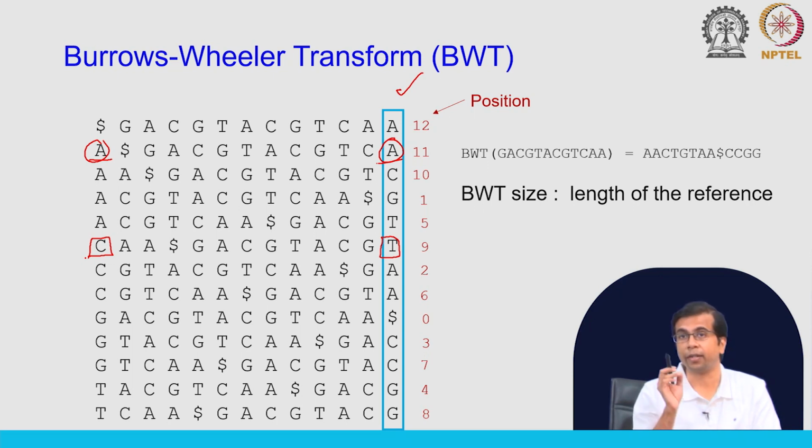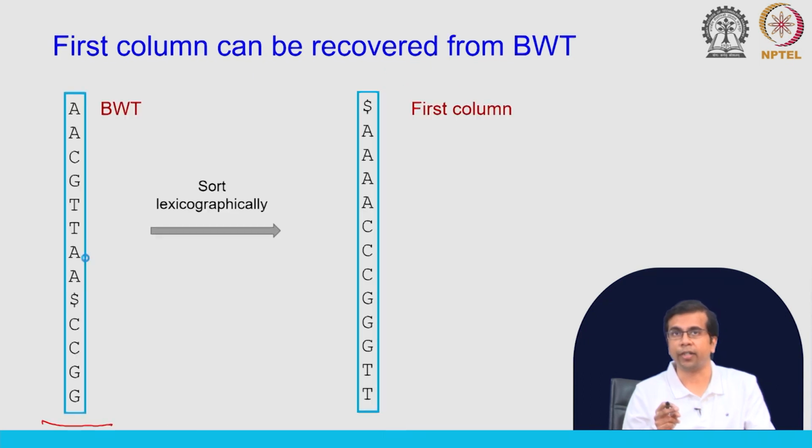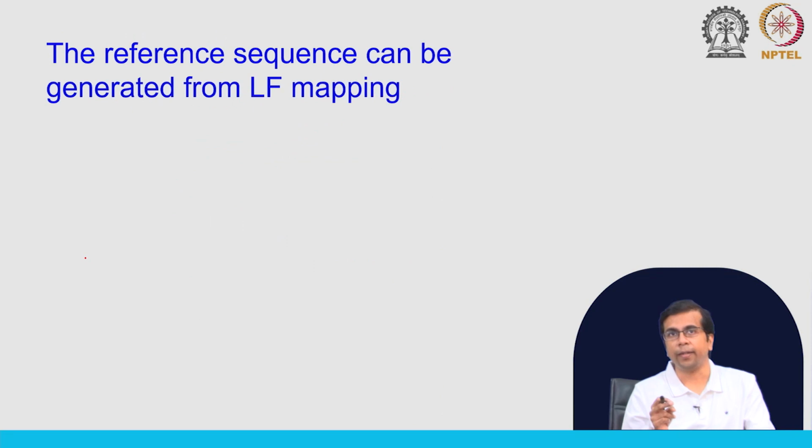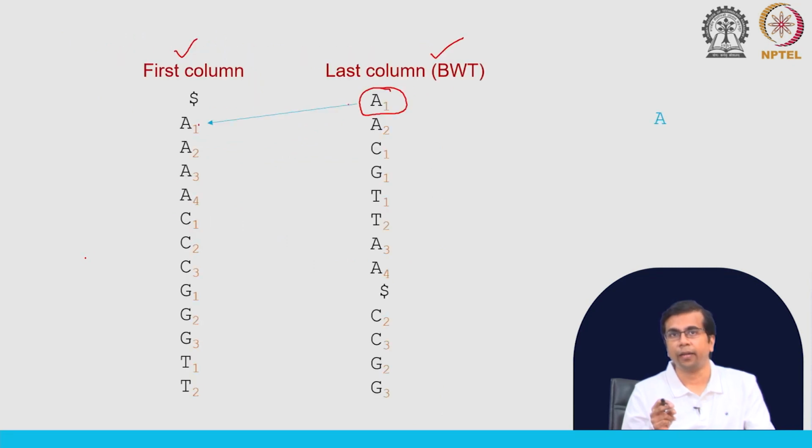Okay. So, the string rotation actually means this. We can actually map the letter that is before this letter in the first column. Okay. So, this is something what we are actually getting here. So, let us go back there, and here this A1 corresponds to this one.